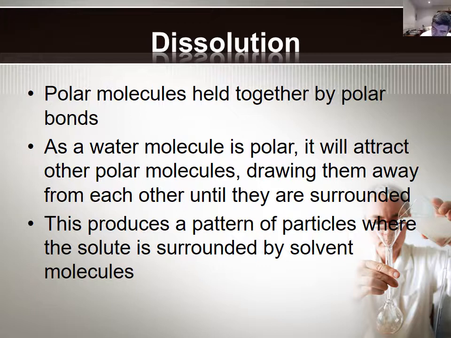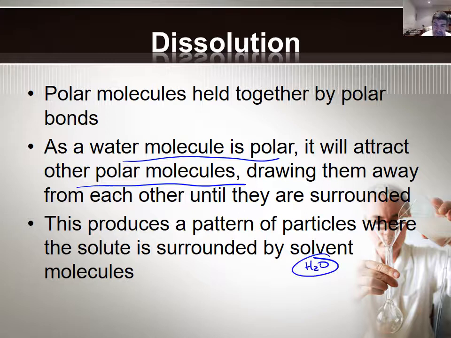The polarity of the water molecule interacts with the polarity, any type of polarity, positive and negative charges, slight positive and slight negative regions, and they pull them away until the water molecule surrounds the other individual ions or molecules. And this produces a nice pattern of particles where the solute is surrounded by the solvent molecules, and of course the solvent is always, for our purposes, going to be the water molecule.